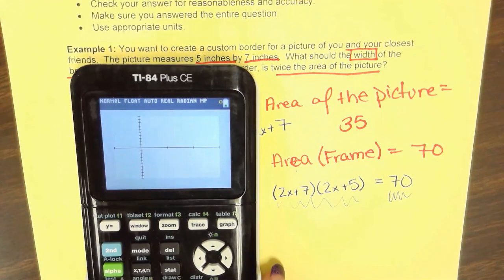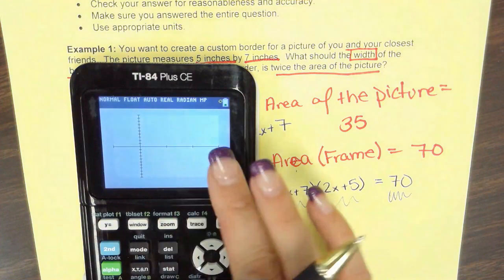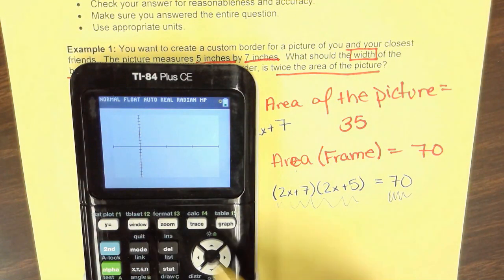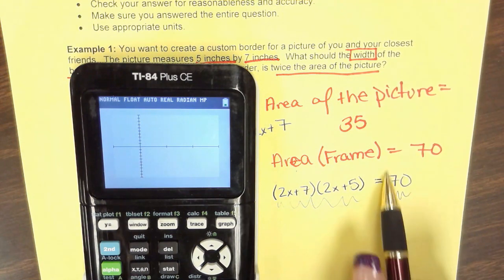Graph. Now, of course, when I press graph, I don't see anything. Well, it's because your window is off. So we need to be around 70.